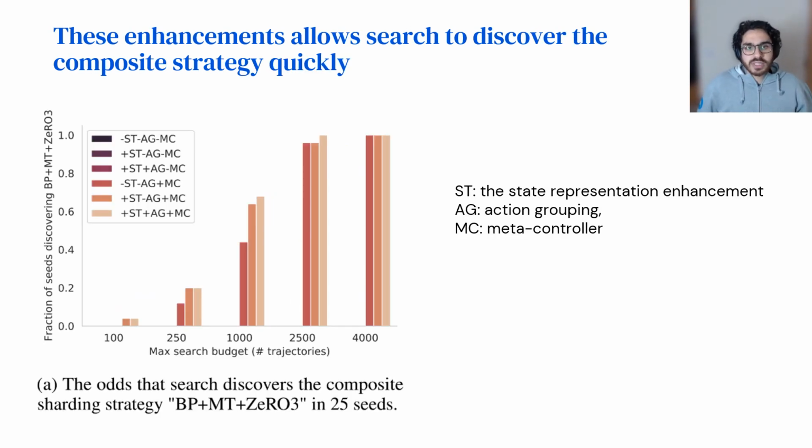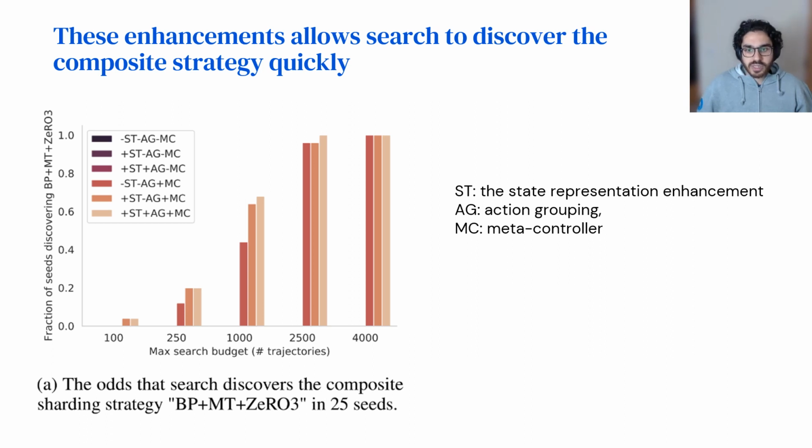So we tested how these enhancements work in enabling our search to discover composite search strategies. On a 24-layer Transformer, we were able to discover batch parallelism, Megatron, and ZeRO almost all the time using a goal-oriented Monte Carlo.